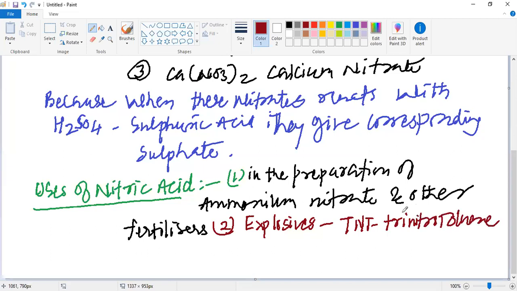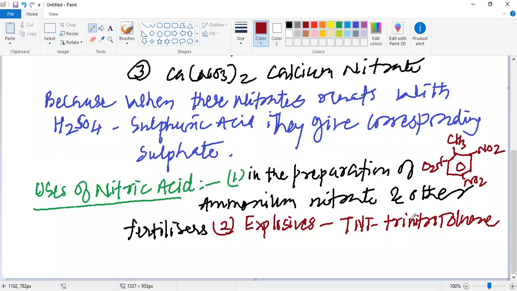The structure of trinitrotoluene is this way. You can see the trinitrotoluene. This is 2,4,6-trinitrotoluene. That is what is known as TNT, which is a very important explosive.